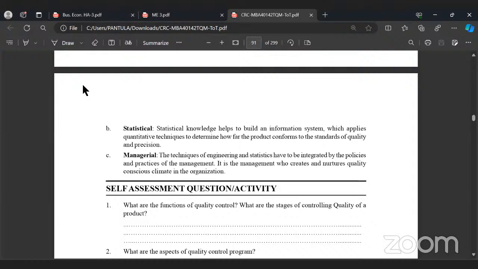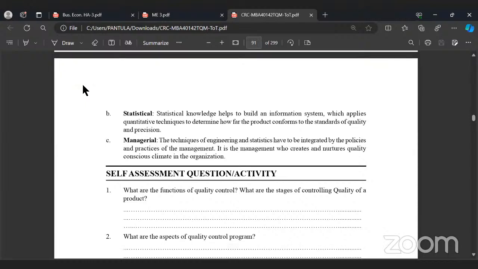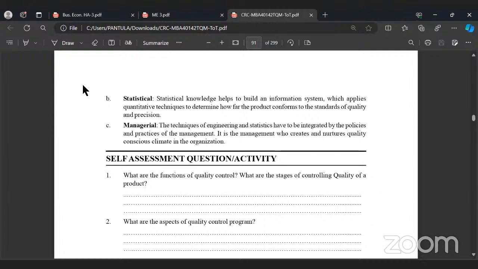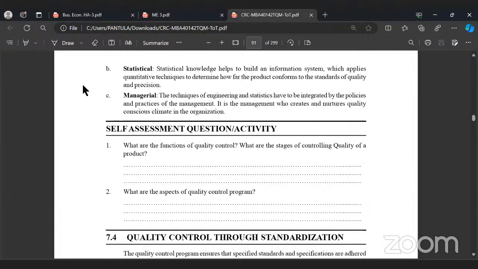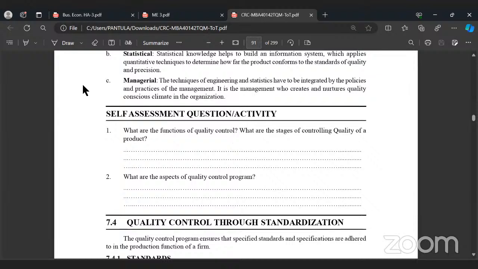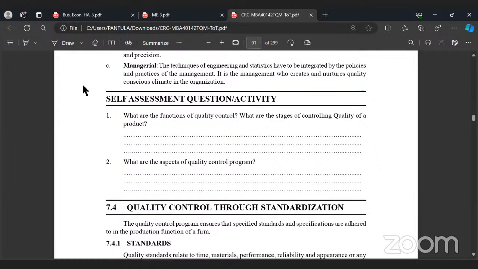Statistical knowledge builds the information, which applies quality techniques to determine how far the product conforms to standard quality and precision. And then managerial: the engineering and statistical techniques have to be integrated by policies, practices and management. It is management that creates and nurtures a quality-conscious climate in the organization.